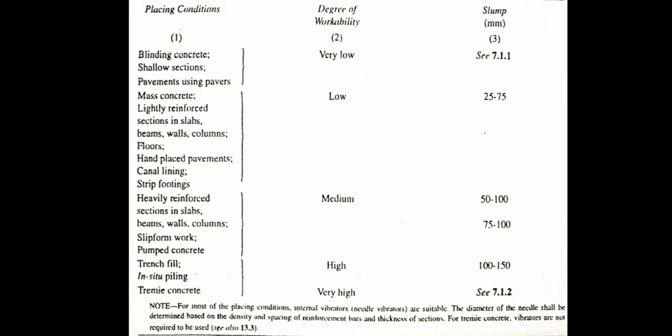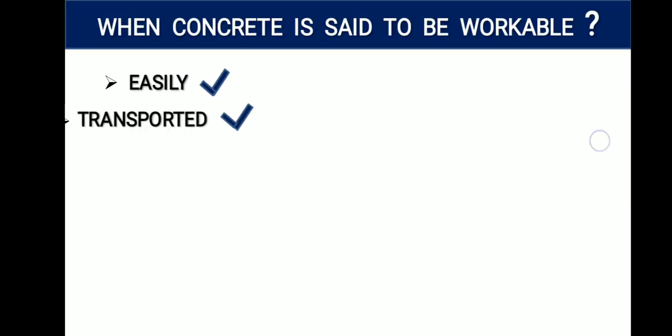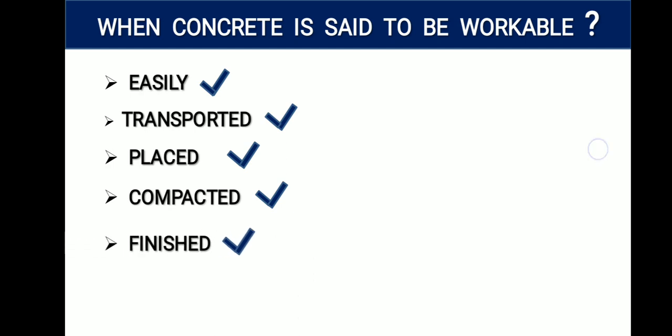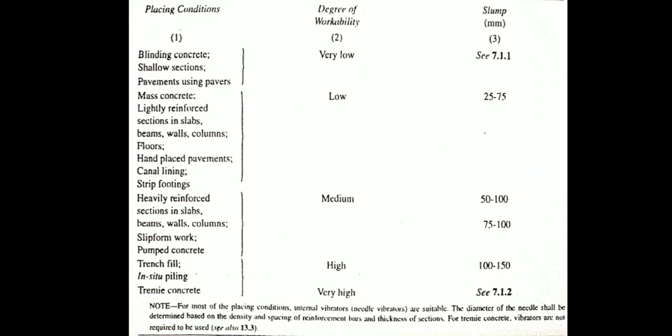This type of table you can see on page number 17. What is mentioned? Degree of workability, slump and placing conditions. Here you can see, if the slump value is between 25 to 75 mm, what is the workability of that particular concrete?